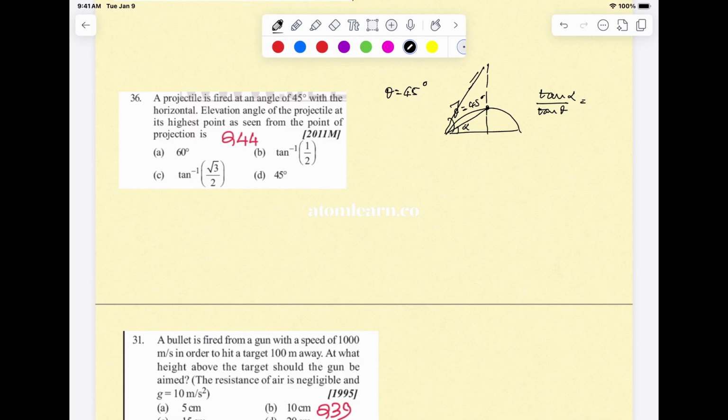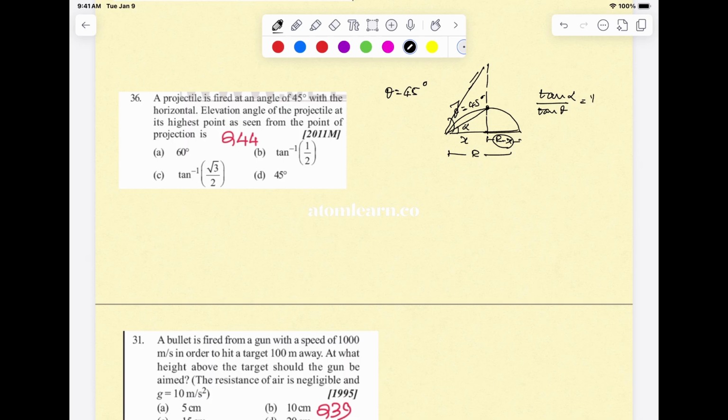Suppose this is x, then the whole range is R, and this is R minus x. In this case, R minus x is R by 2, because this is the highest point.